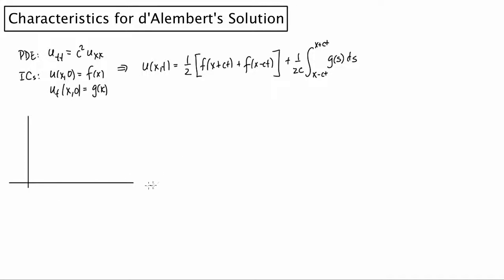So suppose that I wanted to look at, once again, the xt, or the space-time plane, and I am interested in what's going on at the point x0, t0. So describing it as what is happening at position x0 on the string, t0 time into the future.